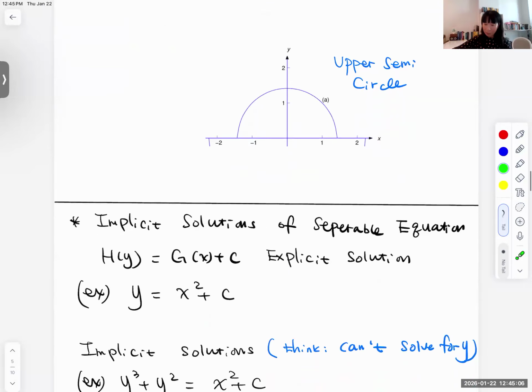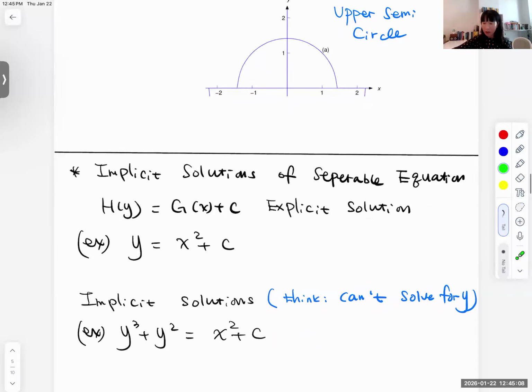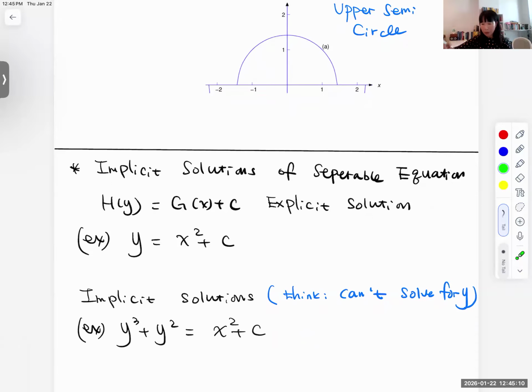Okay, so we have implicit solutions of separable equations. An explicit solution is like a regular, common equation, y equals x squared plus c. That's the explicit solution.